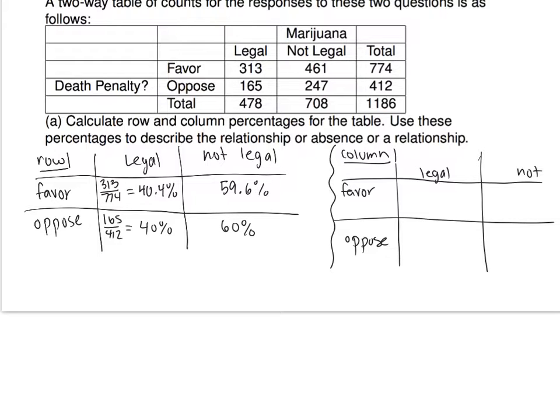Instead of using the row totals, you use the column totals. 313 divided by 478. Yep, 313 out of 478. That turns out to be 65.5%. Meaning the next one down is 34.5%.